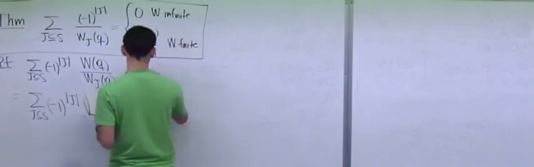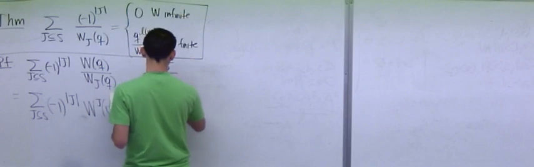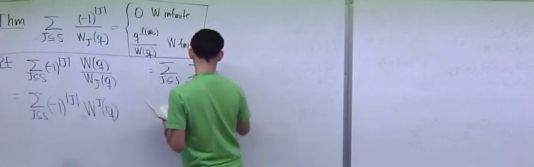This is summation over subsets of S. Now, if you remember what this is, well, I'm not doing anything here. I'm just saying that the definition of W super J is the generating function for the lengths of the words in W super J.